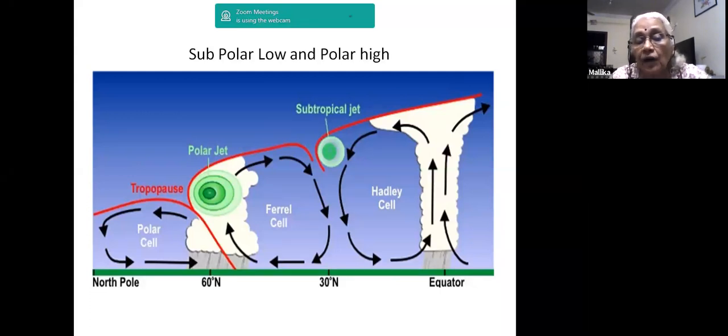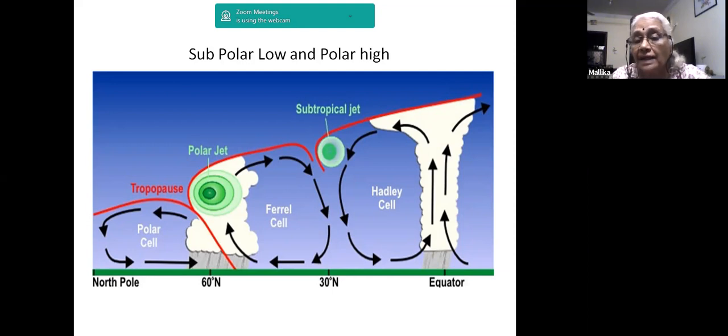As it settles down, starting at minus 45 degrees, it then reaches 10 degrees Celsius. And then, since there is a low pressure nearby, air moves out of the polar region towards the subpolar region, right? And the circulation is continued. So the air that is moving from the subpolar region to the subtropical high, and then comes back towards the polar region because there is a low pressure there, that is called the Ferrel cell.